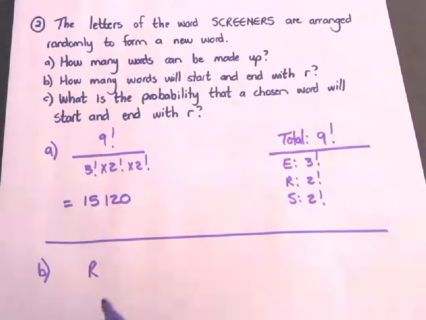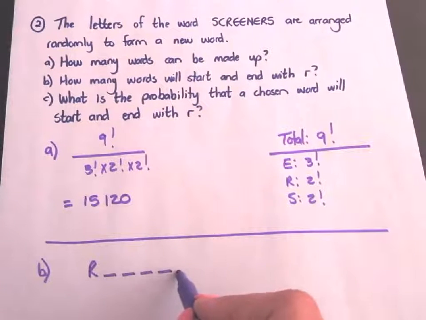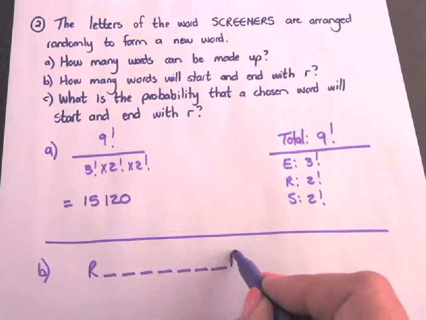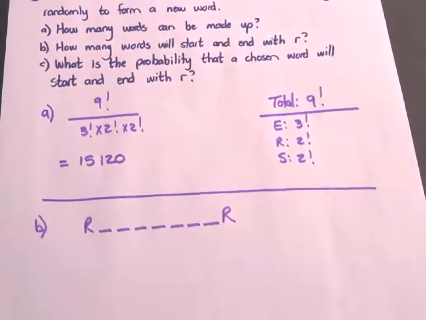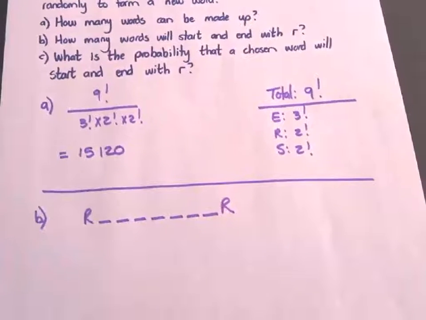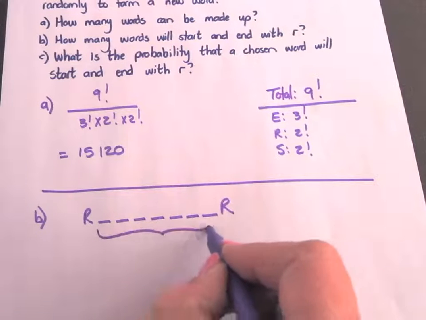So we have 9 in total. If the 2 R's are at the beginning and the end, how many letters can we shuffle? 7. So we have 7 factorial.